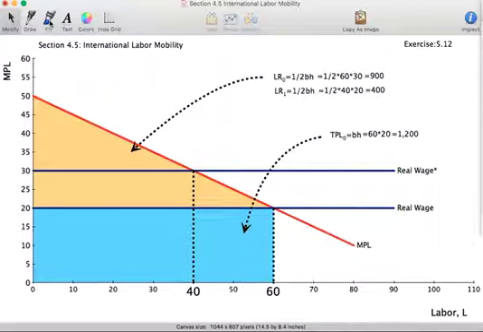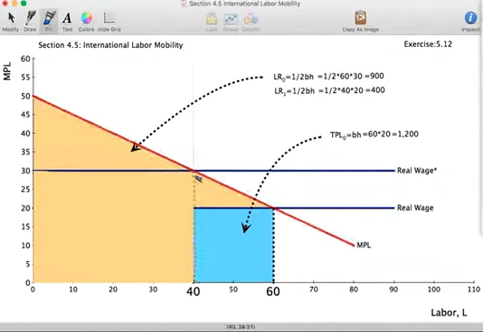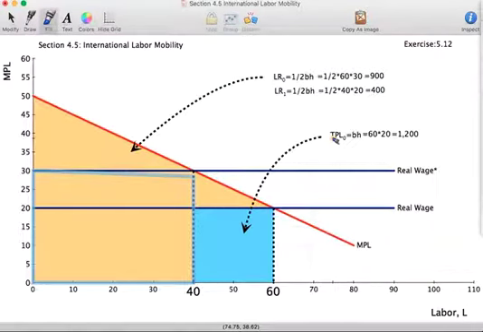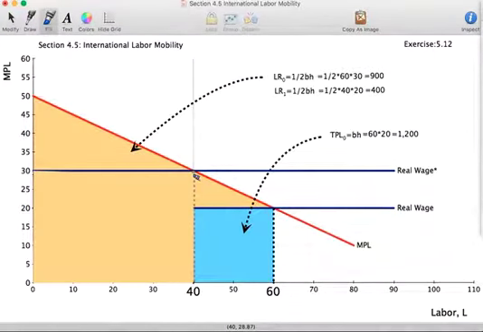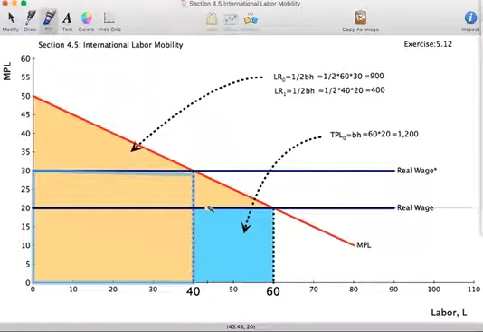Now let's take a look at what the area for the new total payments to labor is going to be. We highlight that area, and I will change the color to make it so it is matching, and that does not look good. So let me redo this one more time.